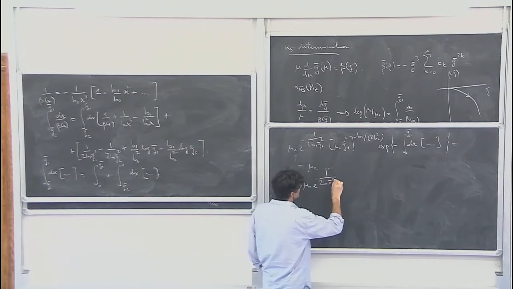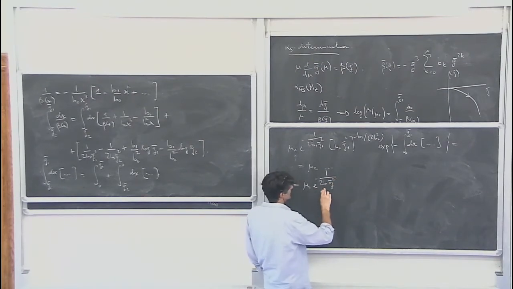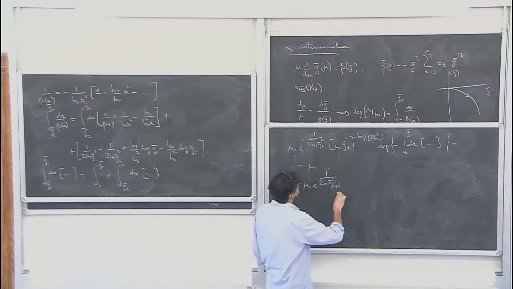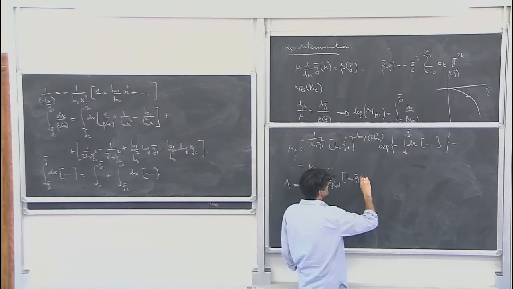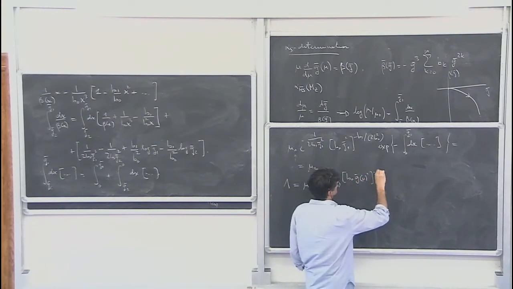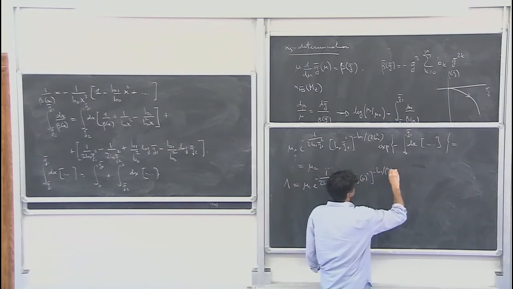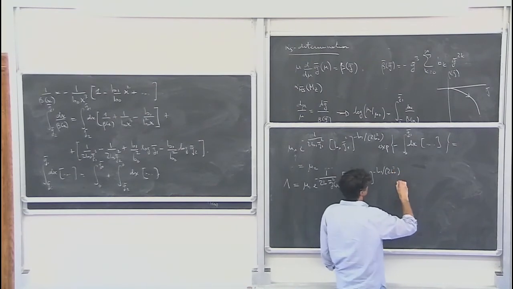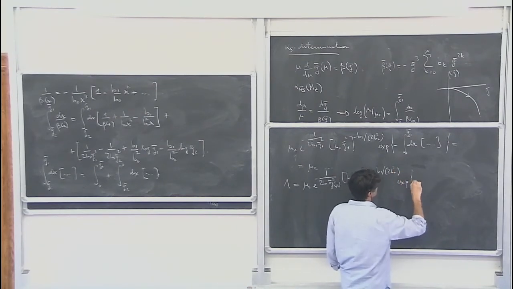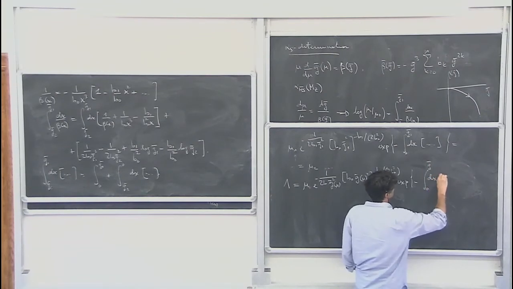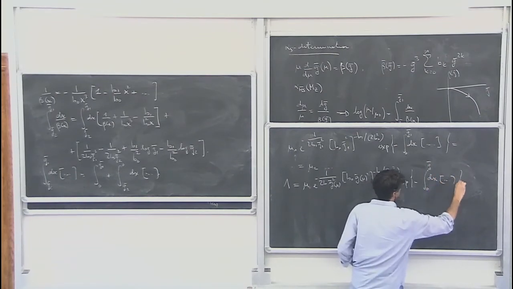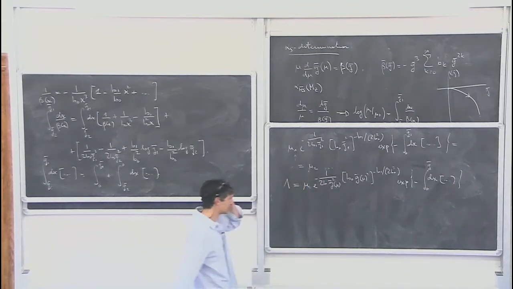Write in general like that: mu, g squared of mu, b0 g bar squared to the minus b1 over 2 b0 squared times the exponential of minus the integral from 0 to g bar in dx of that expression.